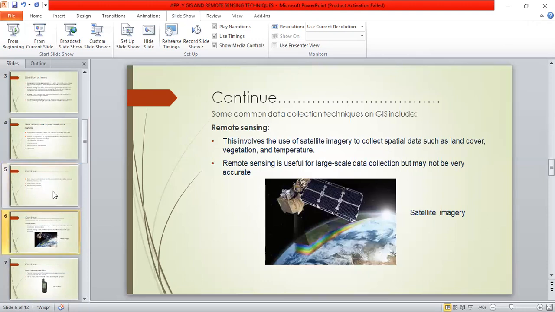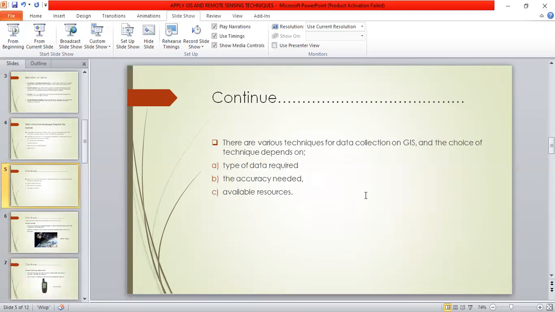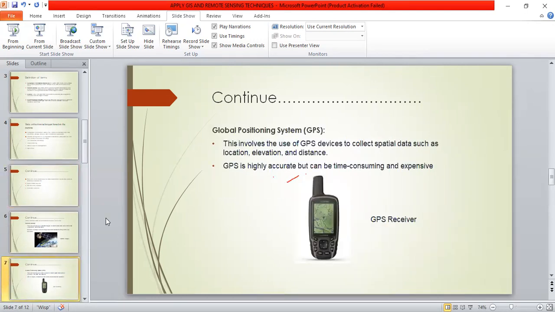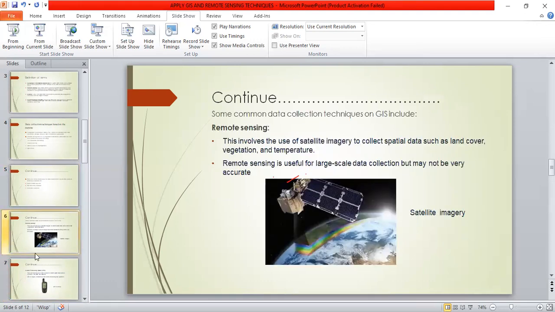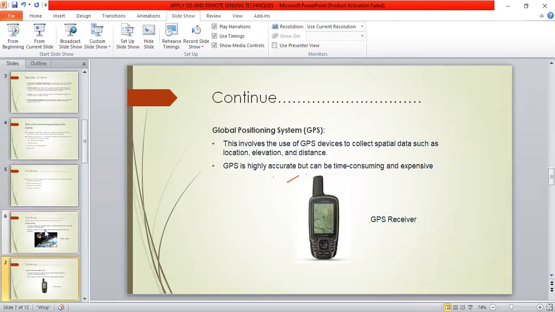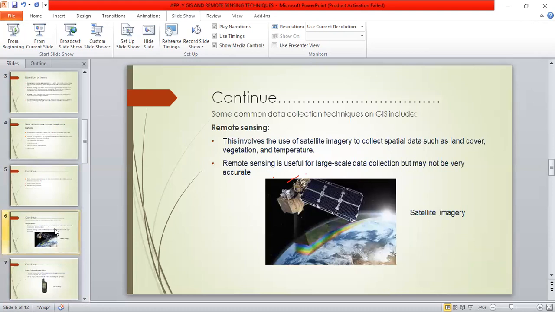Class, what are the data collection techniques that we can use to collect geographic information? Let me start from Lillian. Jacob.